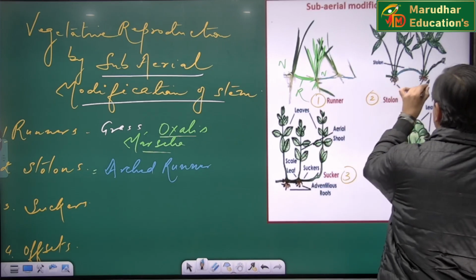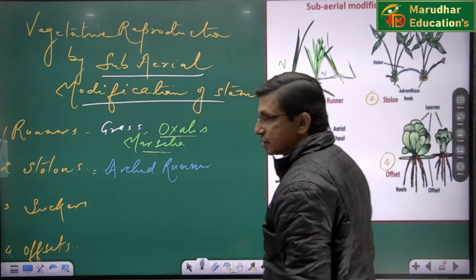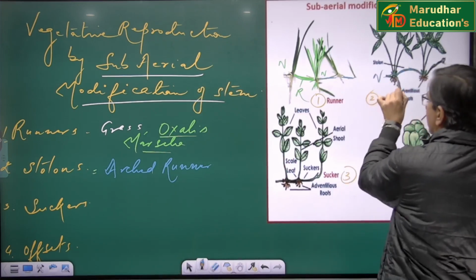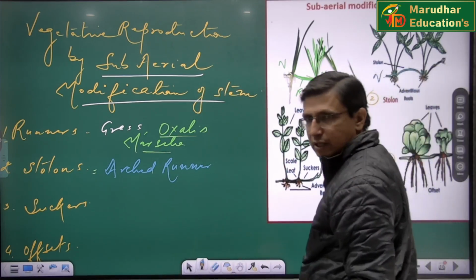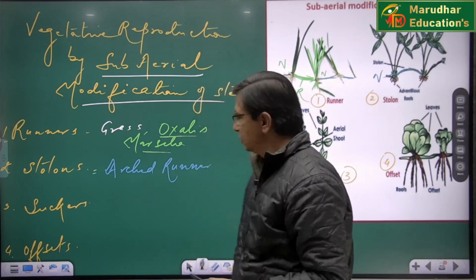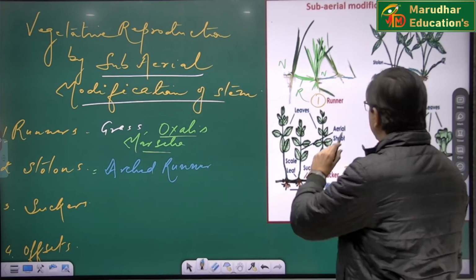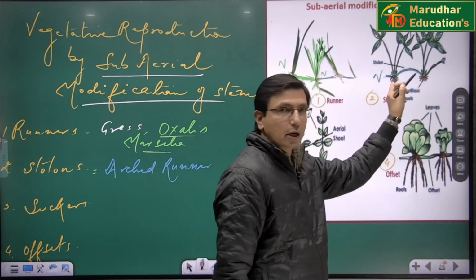See, they are making an arc. How does this arc get made? See, this is a node. From the node, a branch, an internode, is growing. It is coming slightly above the ground, and later it is bending downwards.